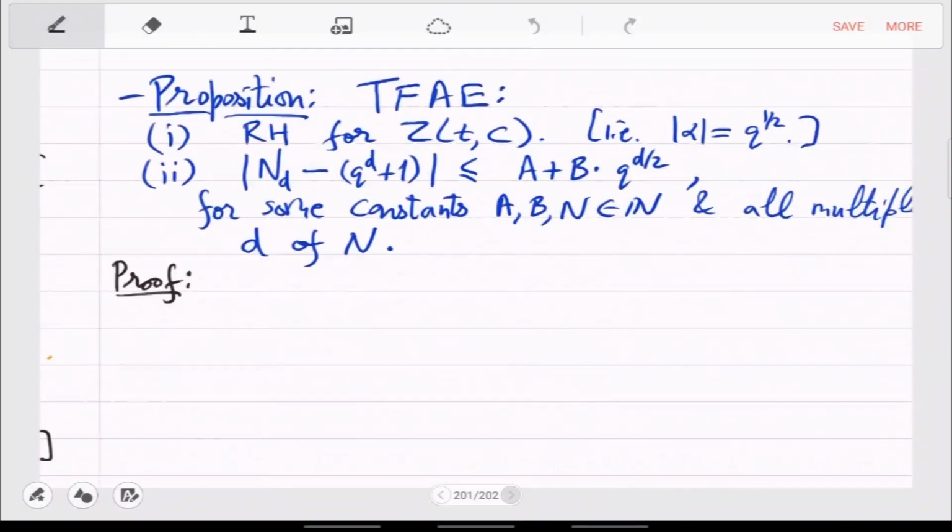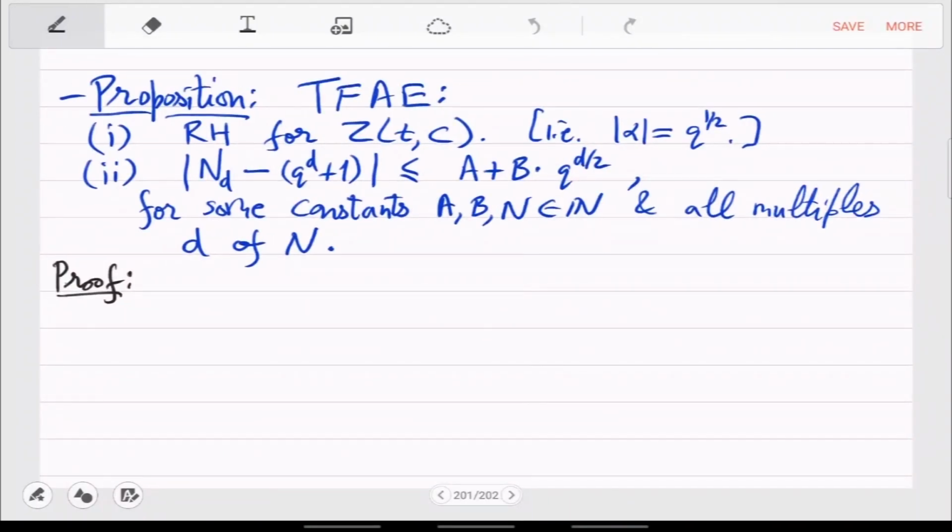Let me define what a constant is here actually. So constant means independent of, I guess, q and d, or just, I think, independent of d.